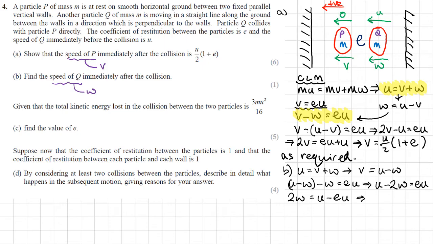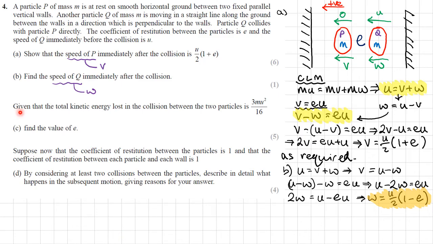Divide both sides by 2, factor out the U, and I'll write it in the same form as it was given in this one here. So that would be U over 2, and then 1 minus E. So very similar to the last one, except that this is going to be 1 minus E instead of 1 plus E.